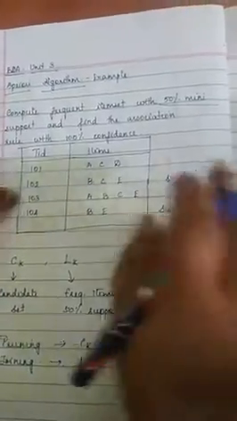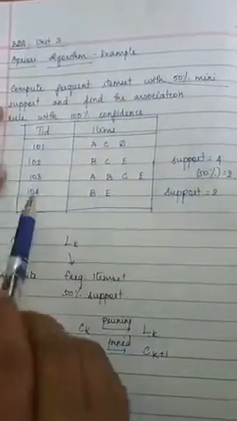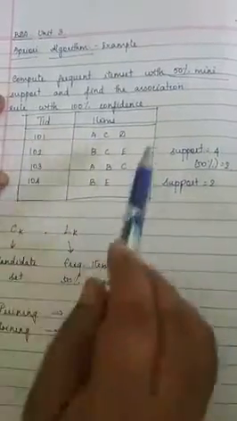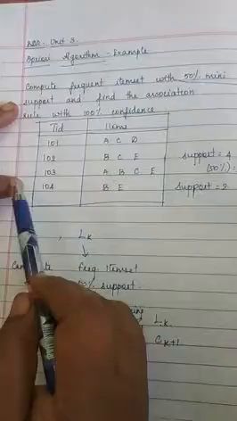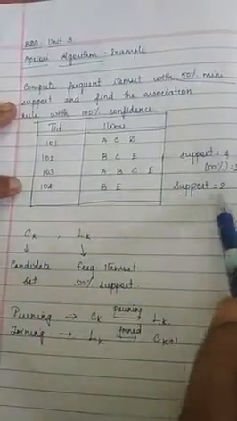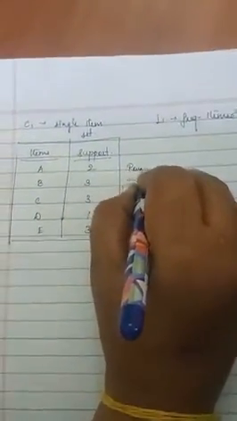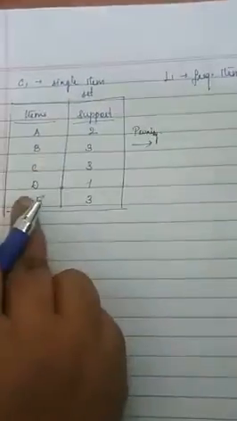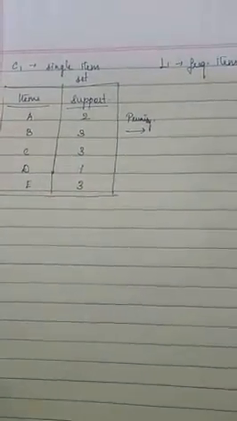Again, we should satisfy 50% minimum support. Here we have 4 transactions, and 50% of 4 is 2, so we are considering the support value as 2. Now we perform the pruning function. We have to remove the items that do not satisfy this support value.